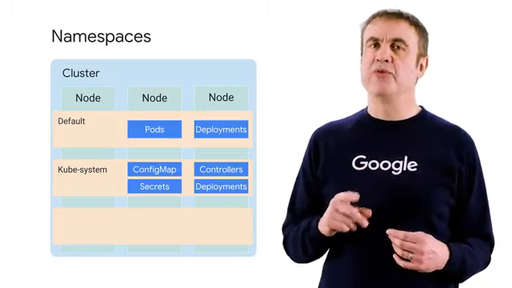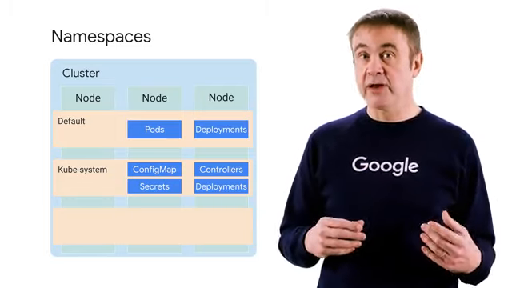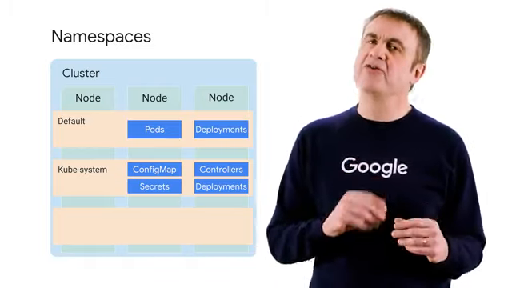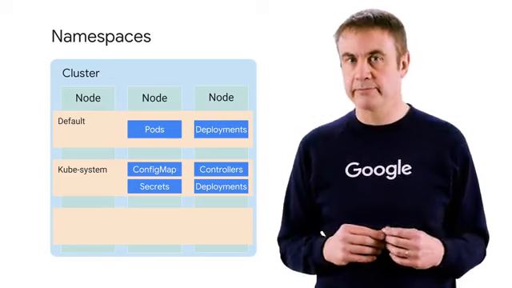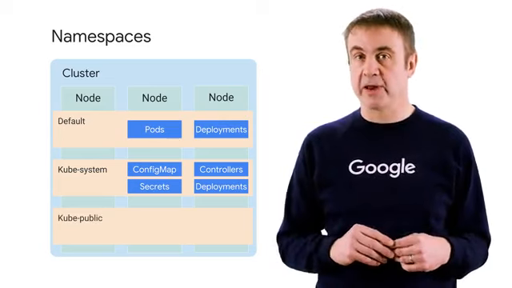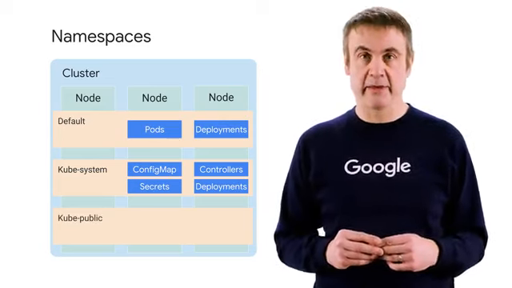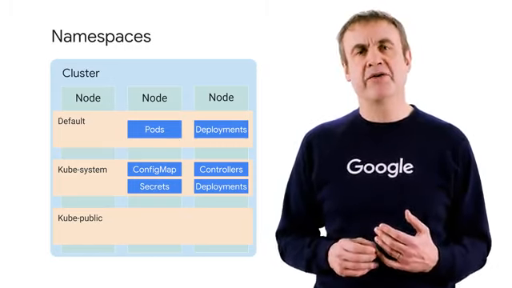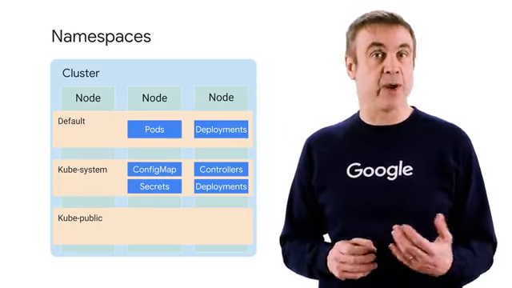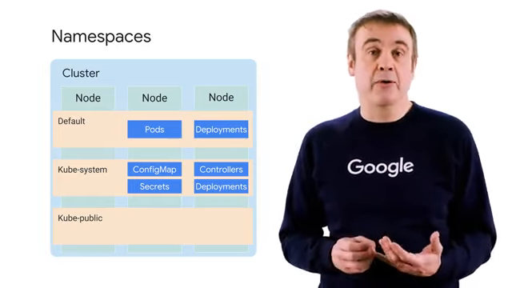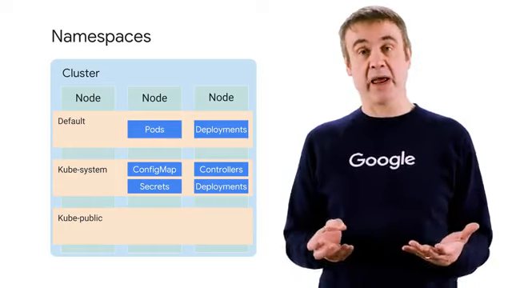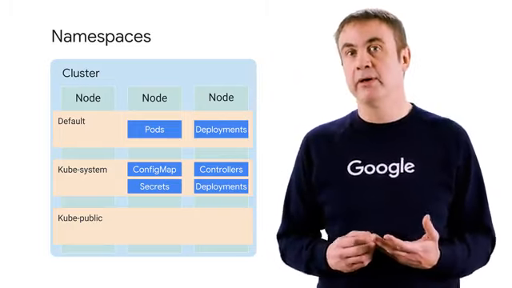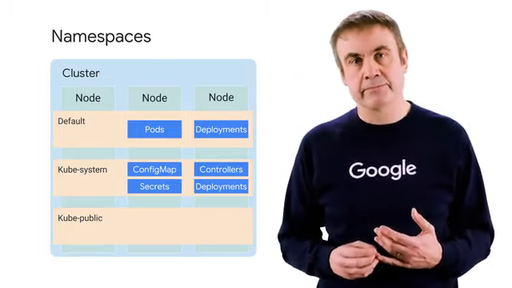When you use the kubectl command, by default, items in the kube-system namespace are excluded, but you can choose to view its contents explicitly. The third namespace is the kube-public namespace for objects that are publicly readable to all users. Kube-public is a tool for disseminating information to everything running in a cluster. You're not required to use it, but it can come in handy, especially when everything running in a cluster is related to the same goal and needs information in common.